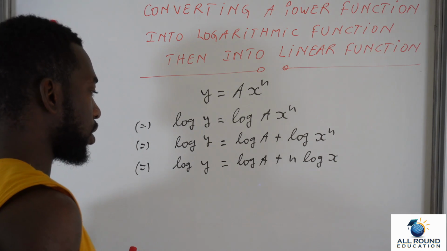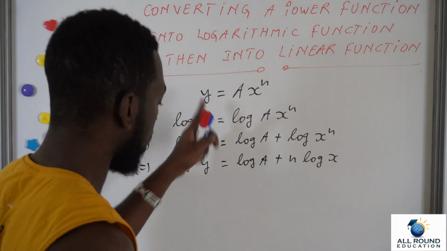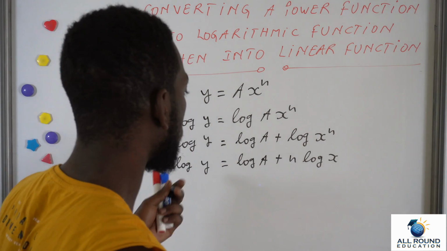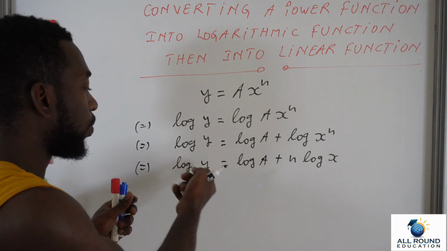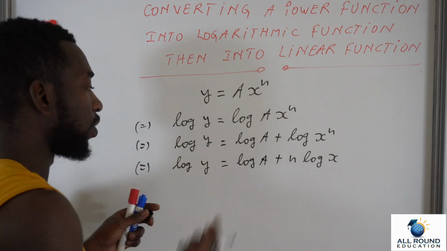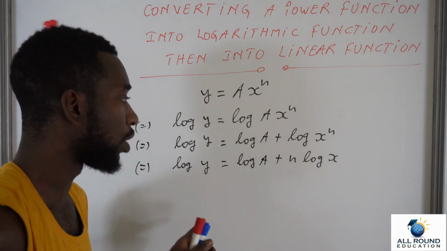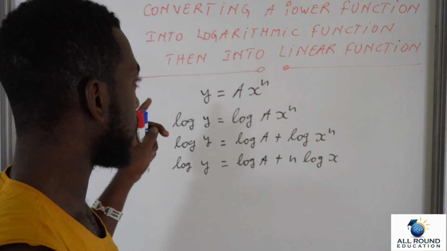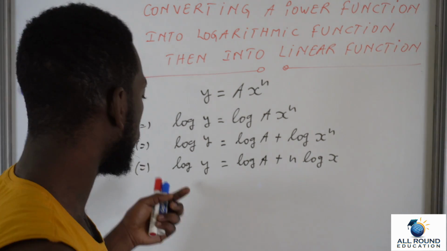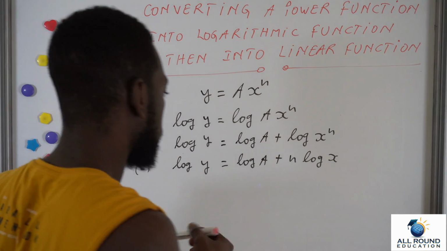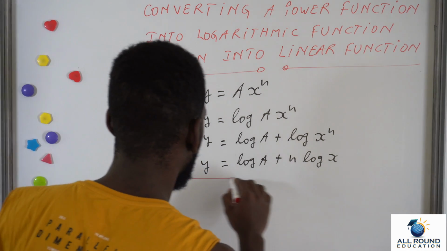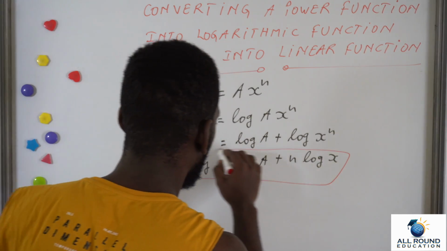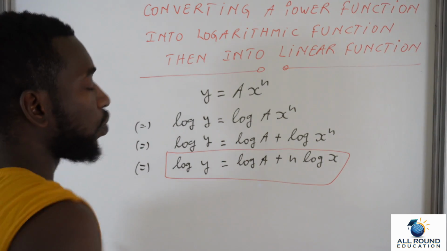Now think about this. We have done the first part of this task, which was to convert this power function into a log function, which is good. Now, the last part is to relate this function to a linear function.